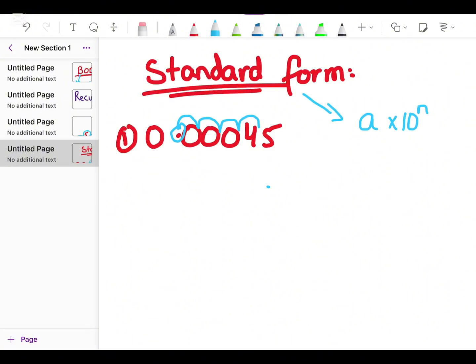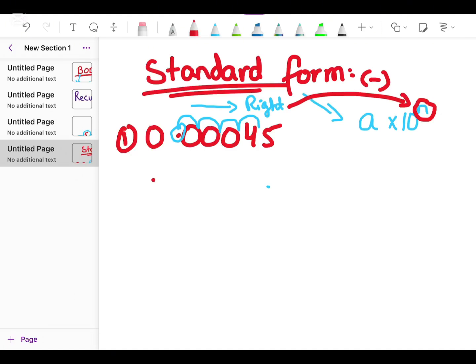It will take 4 steps and the decimal point is moving to the right side. Remember that when the decimal point moves right, the power n will be negative. Please note this down as well. When we move the decimal point to the right side, the power will be negative. When we move the decimal point to the left side, the power will be positive.